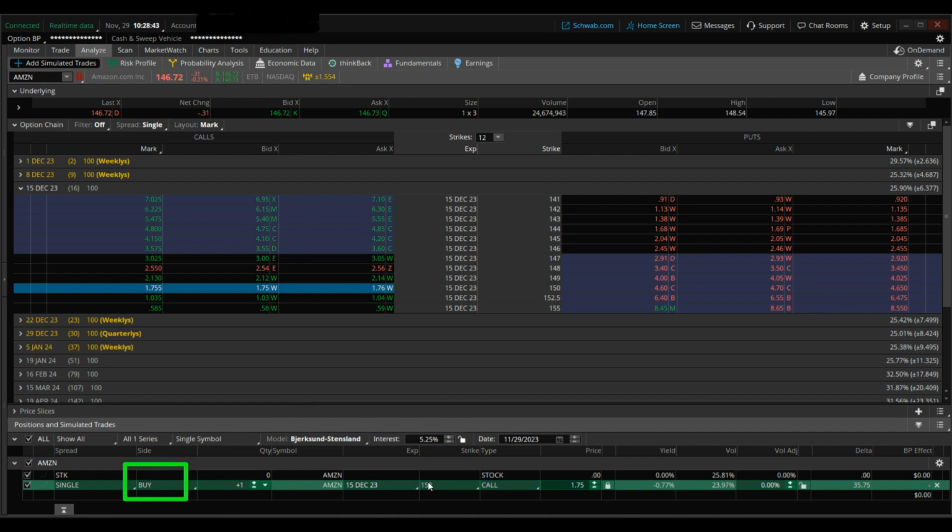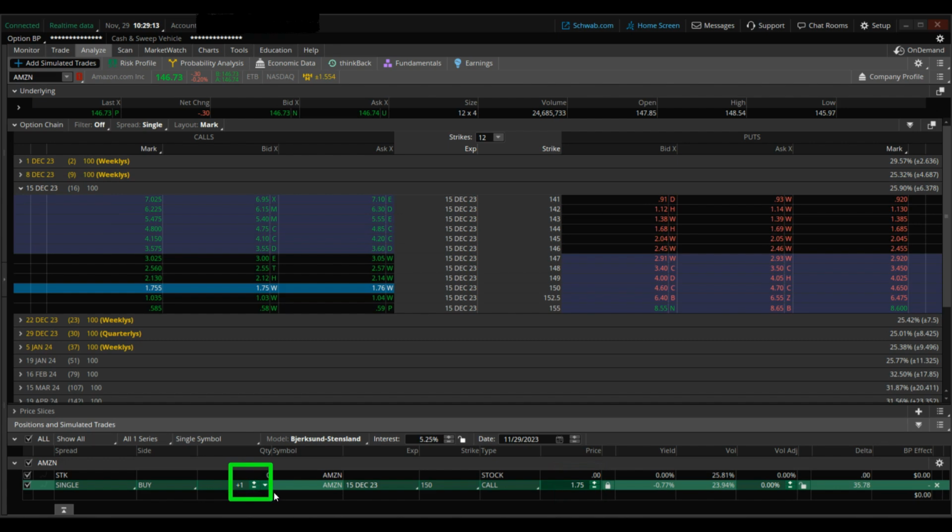I am paying $175 to the seller for the option to buy 100 shares of Amazon at the 150 strike price and the 15 December 2023 expiration, or in the coming 16 days. And 175 is the cost of one option contract.